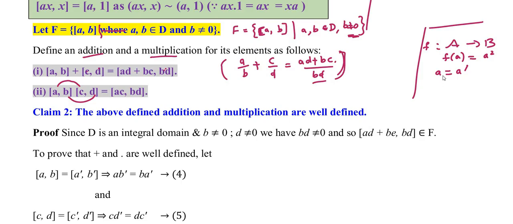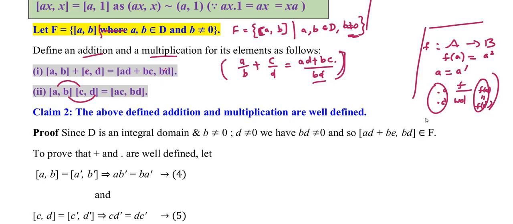Then in the domain, two elements being equal means in the codomain the corresponding images should be equal. Only then can we say that this function F is well defined. So this is what we mean by well-definedness.